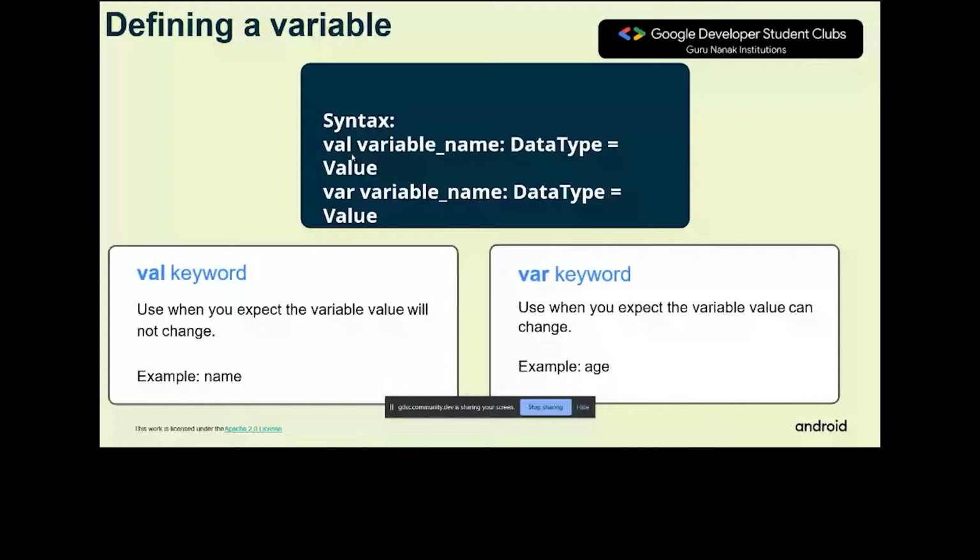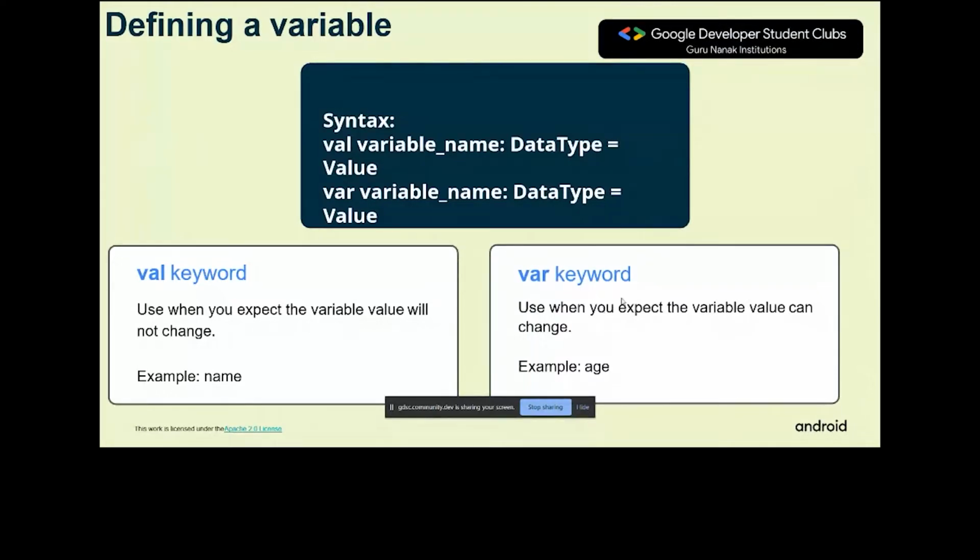After val, we write the variable name followed by a colon, space, and the data type, meaning what type of data we are going to use, followed by the value. Looking at this, you have two keywords, val and var. I'm going to tell you the difference in a while.